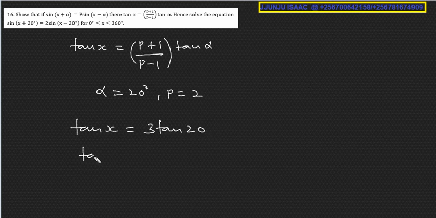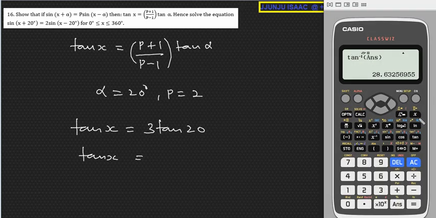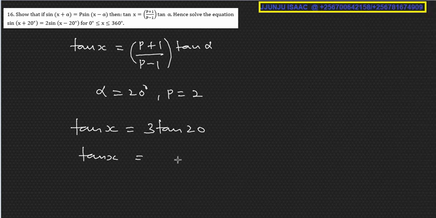So we get tan x as, let us check from the calculator, tan 20 times 3, we get 1.09. This gives us 1.09.